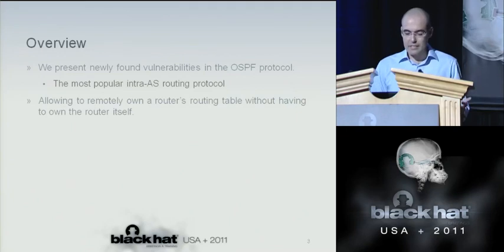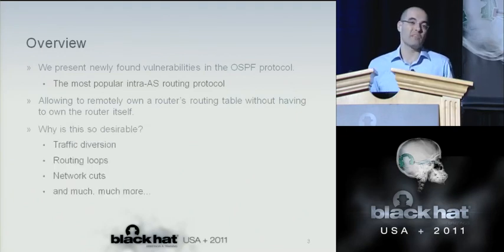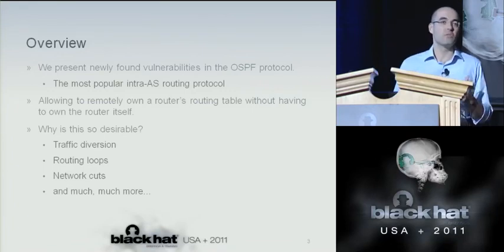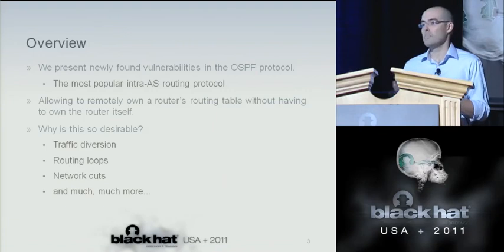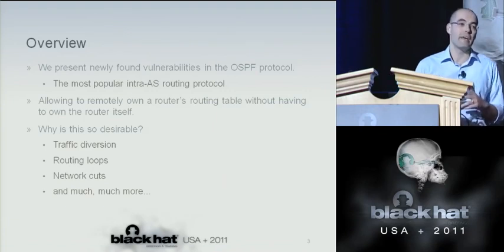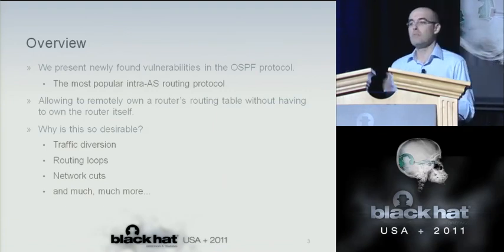And why is this so desirable, to control the routing table? Well, the attacker can do many neat tricks with the routing table. For example, it can divert traffic to non-normal routes, to facilitate eavesdropping, man in the middle, impersonation, black holing, and so on.